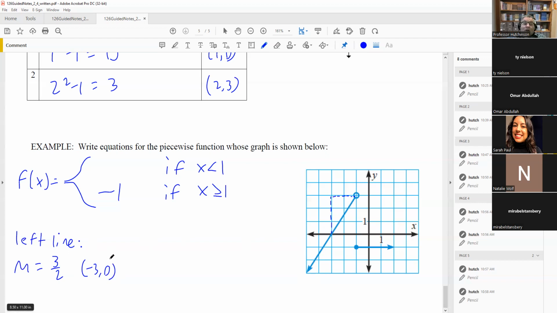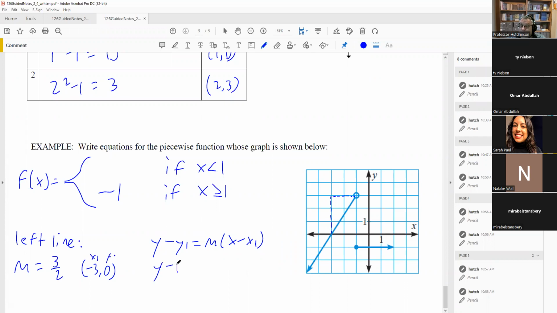So this is having us go back to something we learned earlier, something we did last week when we talked about the lines. We want to use the point slope formula here to figure out what the equation is. The slope we got from the graph. We also see it goes through the point -3, 0. So let's plug this in. This is our x1, y1.